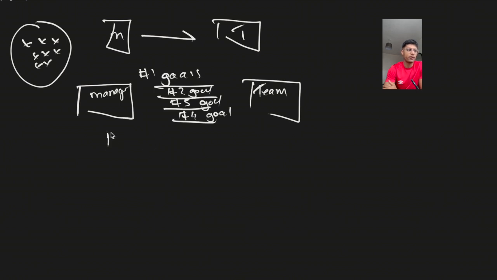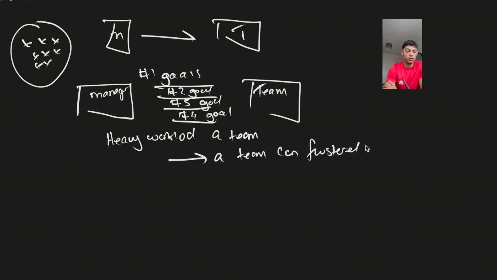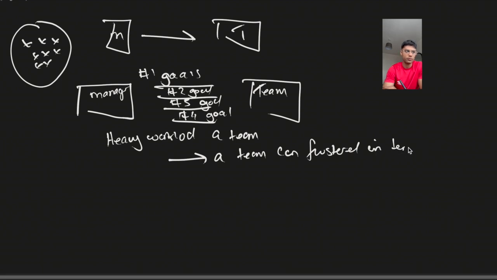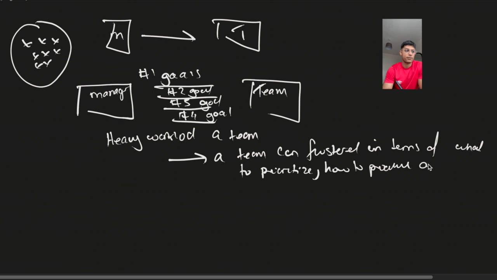When we provide too many goals, when we provide a heavy workload to a team, the team can often get flustered in terms of what to prioritize, how to prioritize, and how to distribute their focus accordingly.